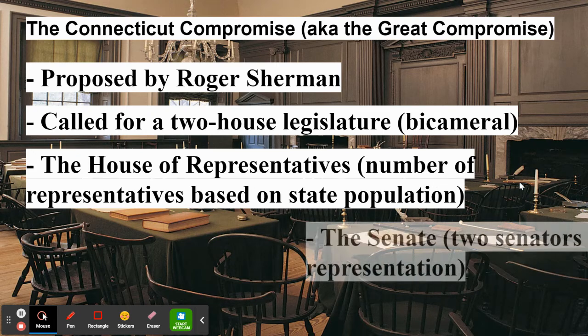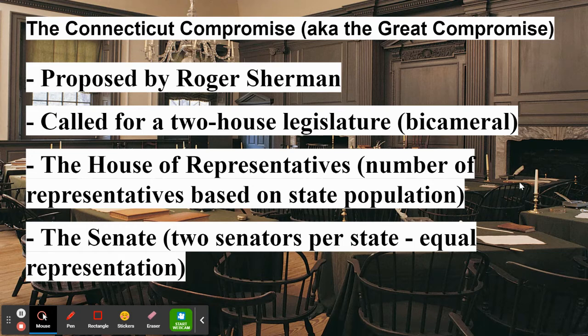In the second house of Congress, also known as the upper house or the Senate, there would be 2 senators per state, equal representation. So both plans are put together in this Connecticut Compromise.